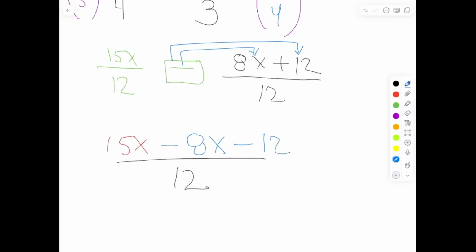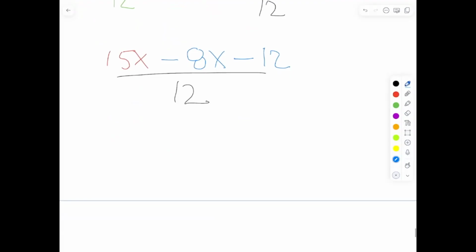Now, are these the same terms? Do they have the same power? Yes. So if they have the same power, can I mix them? Yes. 15x minus 8x is 7x minus 12 over 12.